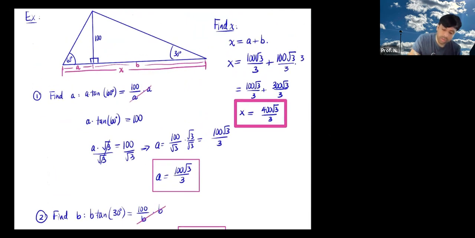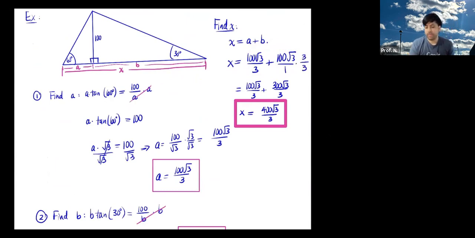Oh yeah, so this, why did I do this? Because I had this originally, right? And what I'm trying to do is combine these two quantities together. It's just that because these two quantities have different denominators, I can't combine them. So this is like saying 100 rad 3 over 1, and I'm multiplying this by the common factor of the least common denominator, 3.